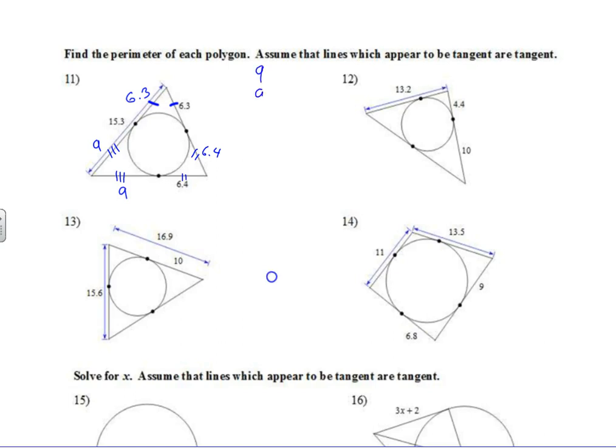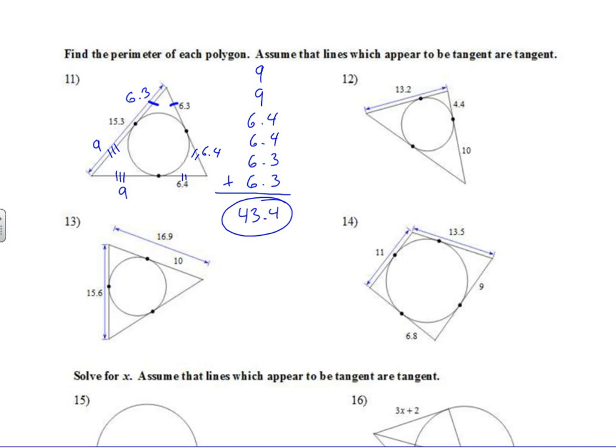So 9 and 9 and 6.4 and 6.4 and 6.3 and 6.3. If we add all those up, 9 plus 9 plus 6.4 plus 6.4 plus 6.3 plus 6.3 is 43.4.